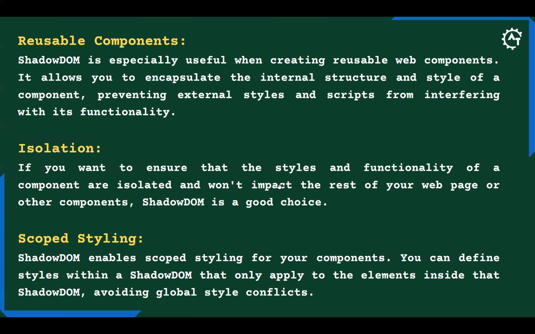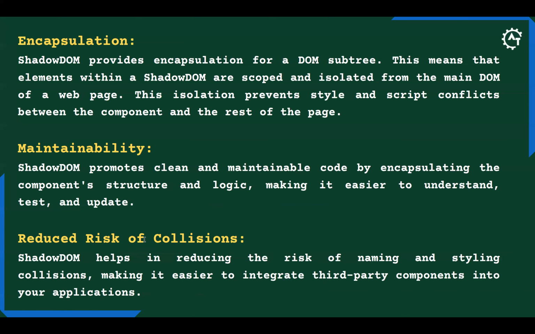So isolation, that is what we are discussing. If you want to ensure that the styles and functionality of a component are isolated and won't impact the rest of your web page or other components, shadow DOM is a good choice. And scoped styling: if you want to apply styling only inside the shadow DOM, then you can apply that. That impacts only shadow DOM elements, not the rest of the page.